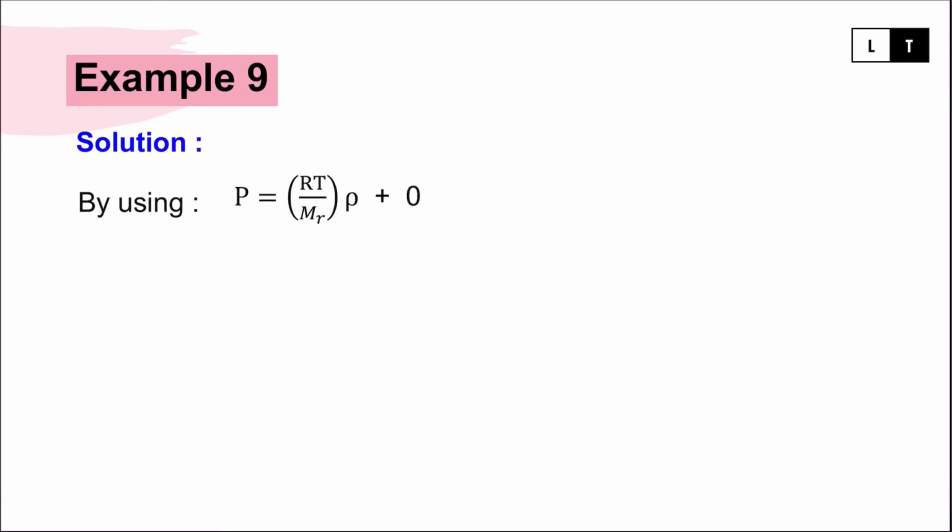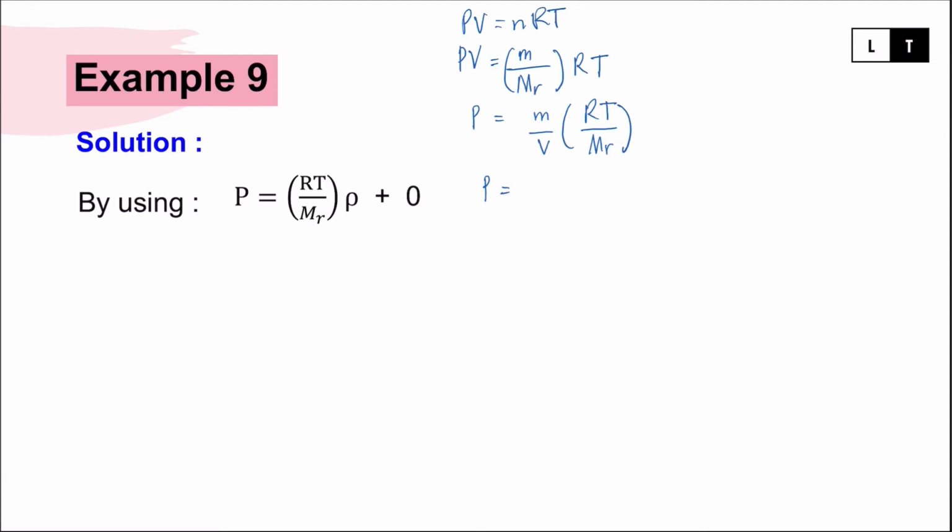We are going to use this as our relationship. If you don't understand how we get this formula, I will show you. We have PV equals nRT, and then when we substitute n as mass over molar mass, we get RT multiplied by the mole formula. Then we can rearrange, bring volume down and make P the subject. I will get m over V multiplied by RT over MR. So I group the molar mass with RT together and the mass over volume together. Why? Because I want to get pressure equals RT over MR multiplied by rho.